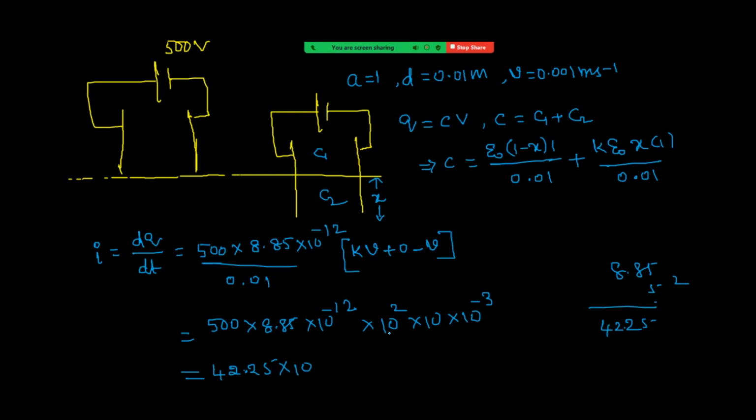So here 2 and 2, 4, 4 and 1, 5, totally 5. This is 15, so 10 power minus 10, right? So it is 4.225 times 10 power minus 9 ampere. That is now the current. Okay. It is just a combination of two capacitors. Once you get that idea, remaining is only the calculation part.